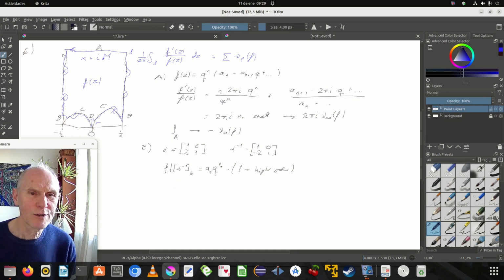So this is the same, but then we need to find out how we map this guy, this circle. So we have a little circle with center here.